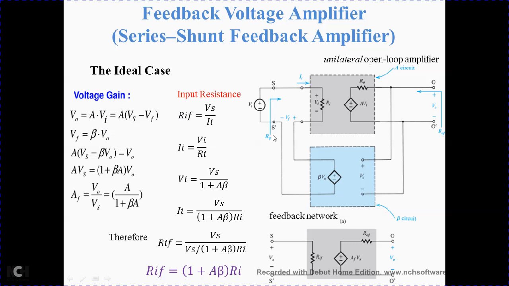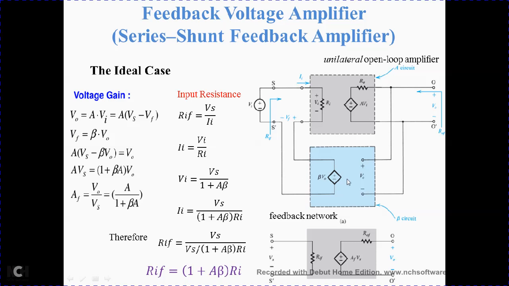Now, voltage gain. So V0, the output voltage, is nothing but A into Vi. Whatever voltage you are measuring between these two terminals is nothing but A into Vi. For a given input voltage, gain is A. Gain of this amplifier is A. A into Vi is nothing but V0, or A is equal to V0 by Vi.